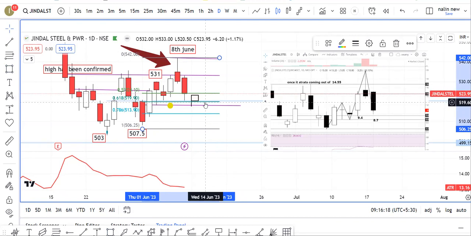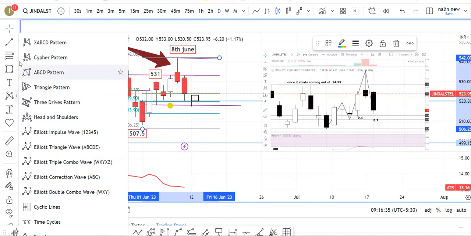Why I'm discussing all these things is this price, Jindal Steel and Power, after the fall, is undergoing a phase of accumulation. So if it comes to this level, this will be around 580.